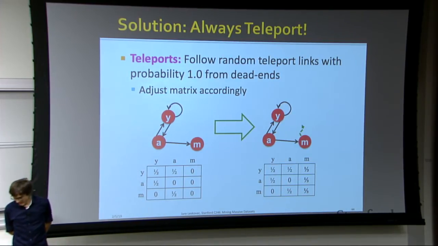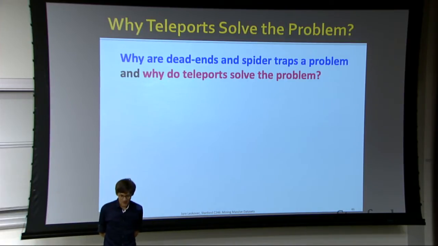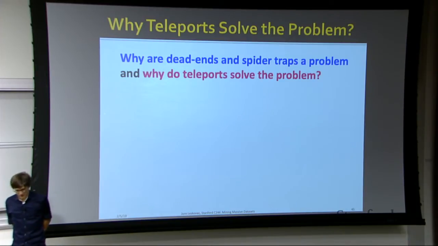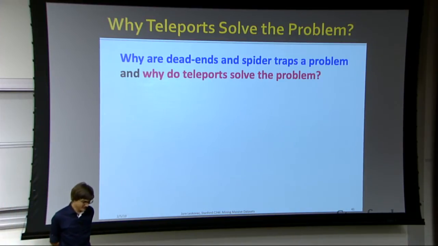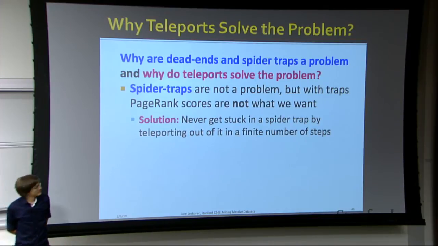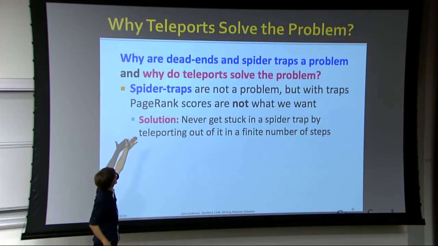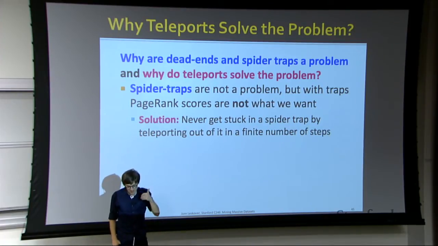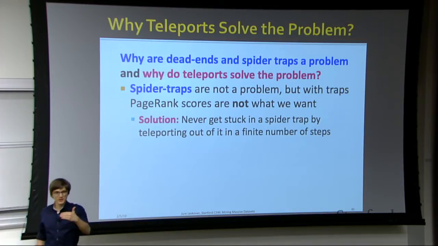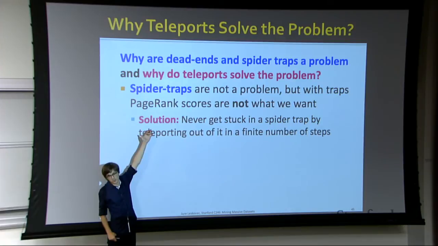Now, why do teleports solve both problems? Why do they solve the spider traps? Why do they solve the dead ends? Here is the reason why. Spider traps are not a mathematical problem. Our convergence and everything still happens. Just the PageRank scores are then kind of stupid.